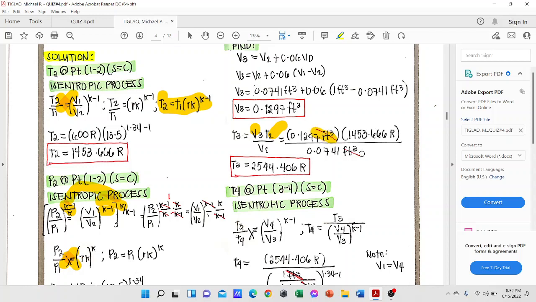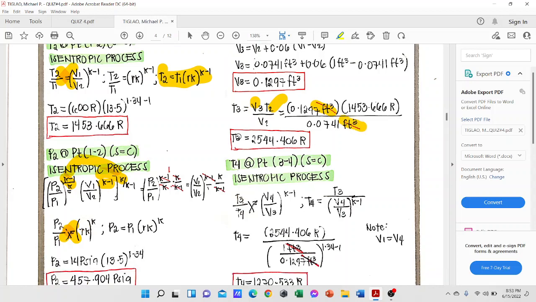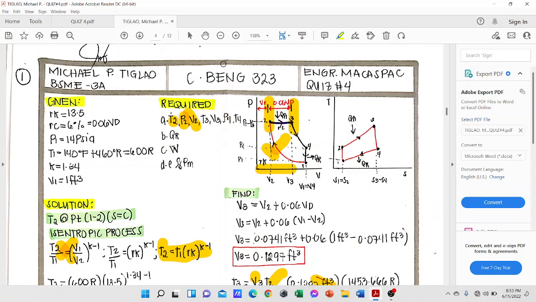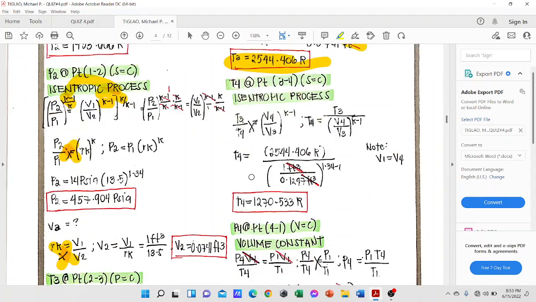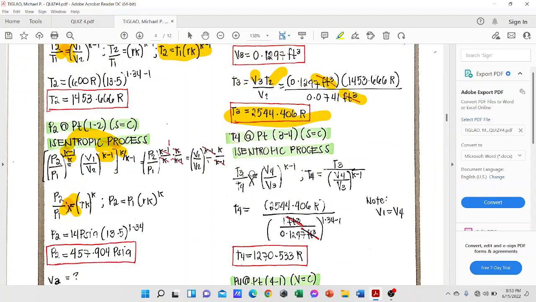Bali, cancel yung cubic feet. Therefore, yung temperature 3 natin is equals to 2,544.406 Rankine. So, meron na tayong temperature 3. Nakuha na rin natin yung volume 3. Hanapin naman natin next is yung temperature 4.